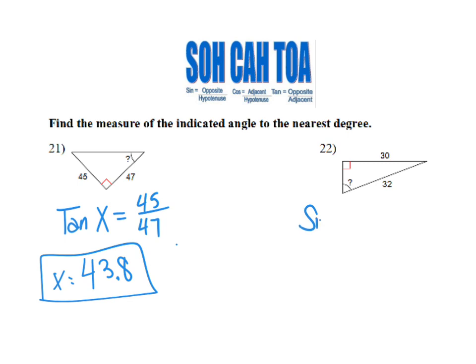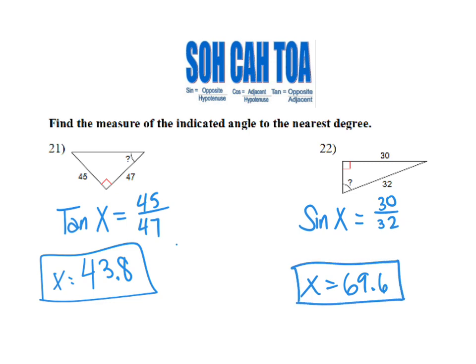So I'm going to do sine of my angle, I don't know what my angle is, equal to opposite over hypotenuse. Okay, you go figure out, what does x equal? All right, hopefully you got, that rounds off to, nope, it does not round off. 69.6 is that angle measurement.